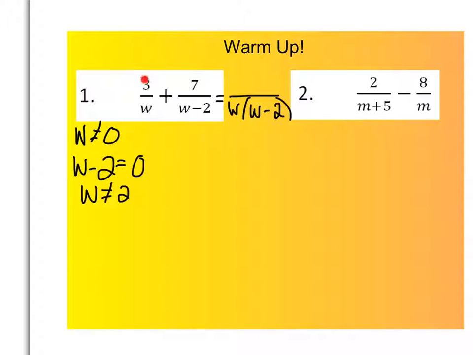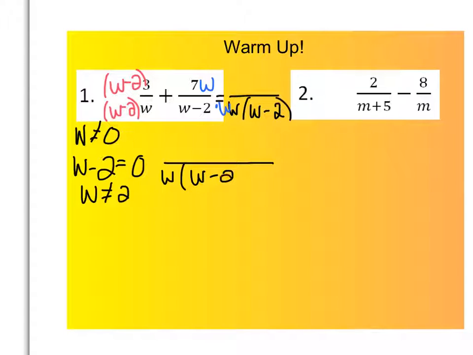The first fraction, well, it has the w, so it's missing the w minus 2, so that's what I need to multiply it by. The second fraction has the w minus 2, but it's missing the w, so I need to multiply it by w. So my denominator is w and w minus 2.